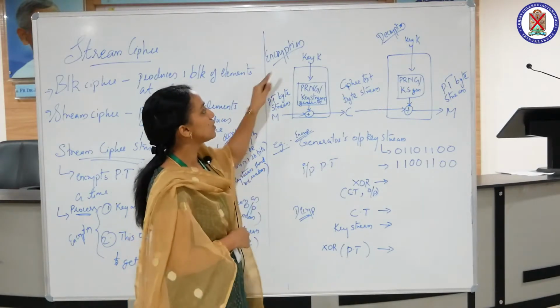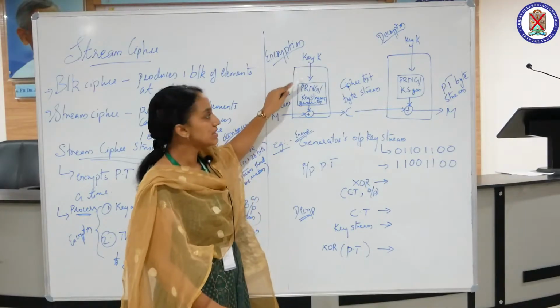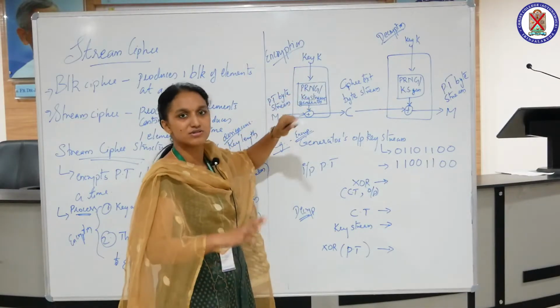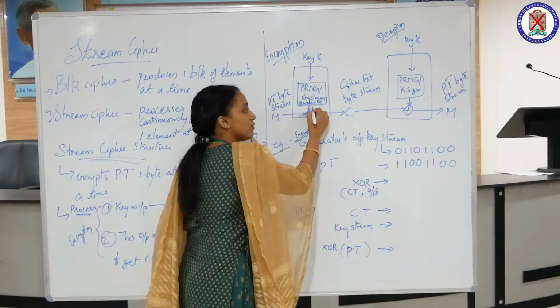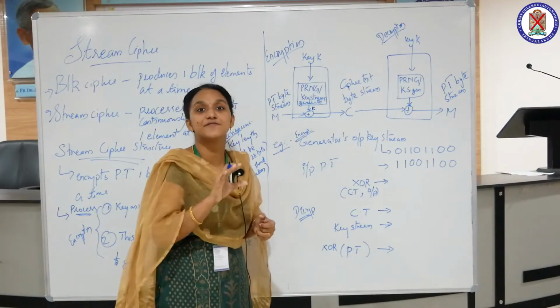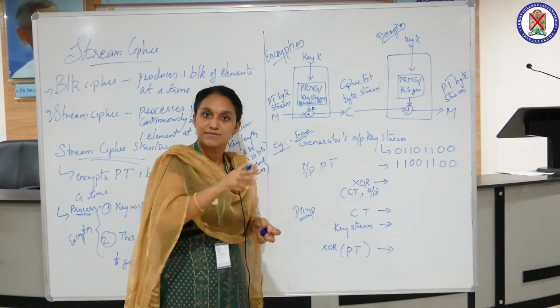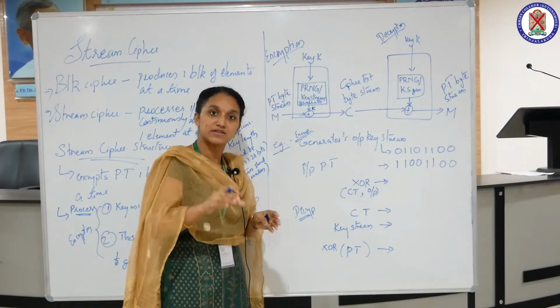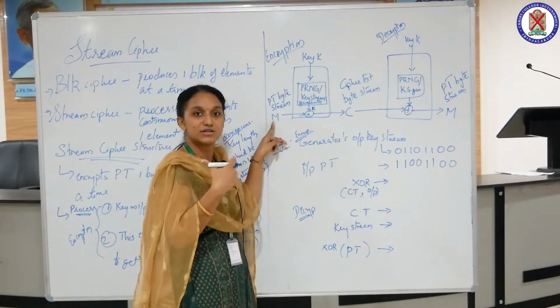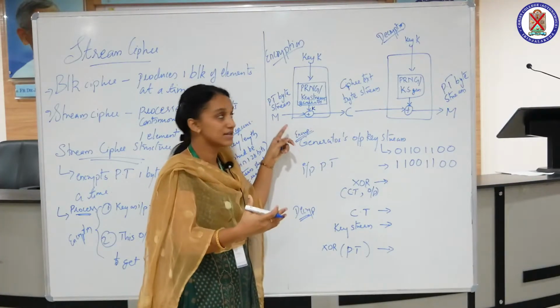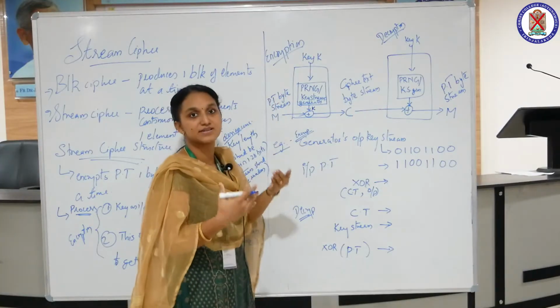Clear? So you have a key K. It is given into the PRNG or some random number generator, and the key stream is obtained in a random form. The key stream obtained is XORed with the original message, the plain text. So let it be the plain text byte stream.